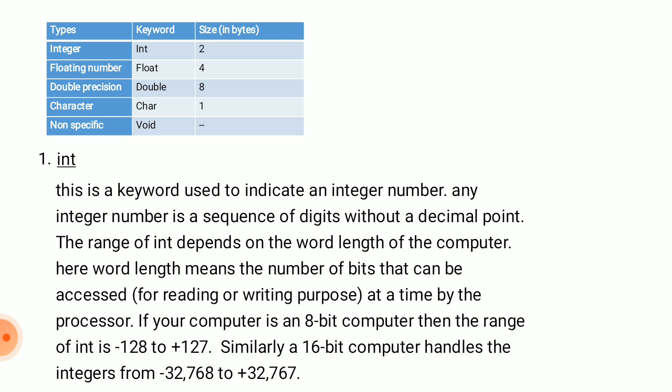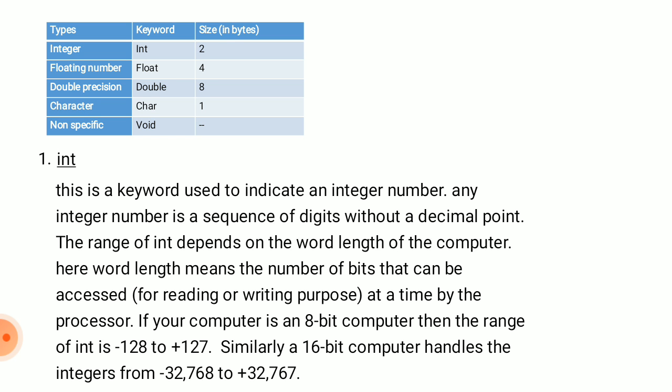The range of int depends on the word length of the computer. Here word length means the number of bits that can be processed by the processor at a time for reading or writing, that is, the number of bits processed by the CPU in one go.